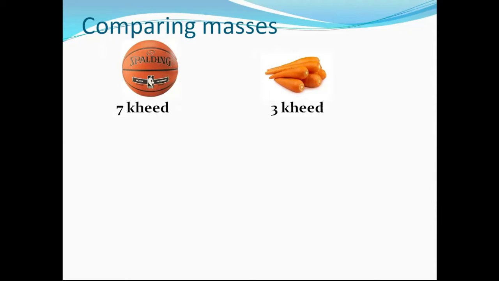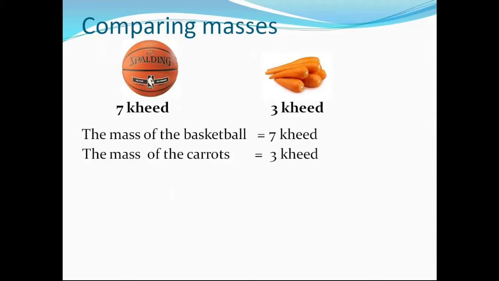So we use minus for our math operation to compare the two objects. The mass of the basketball is 7 kg and the mass of the carrot is 3 kg. 7 kg minus 3 kg equals, what is your answer? The answer is 4 kg.